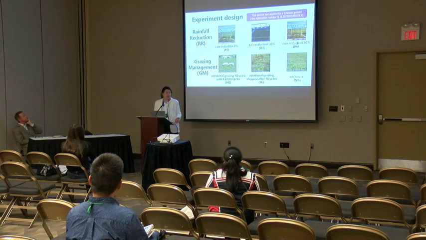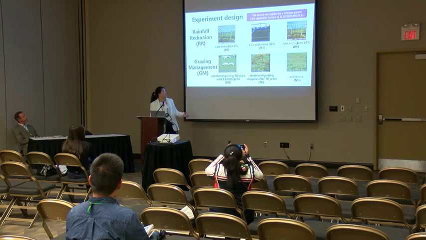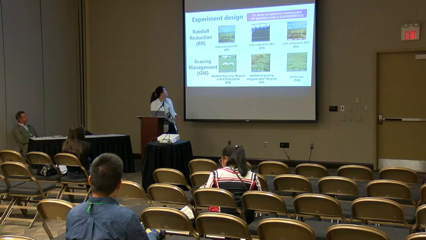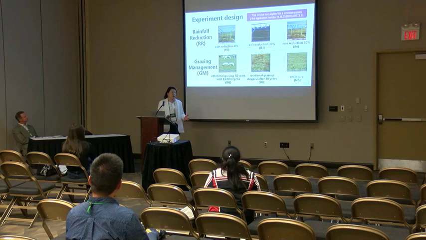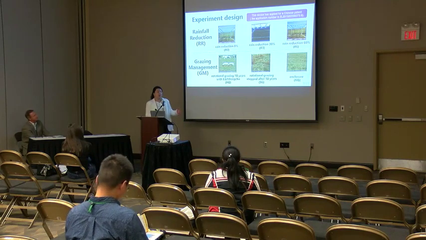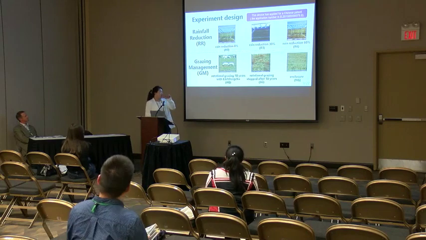In detail, we set three rainfall treatments: 0 for the control, rain reduction of 30%, and rain reduction of 60%. For grazing management, we have 23 years of rotational grazing with heavy grazing intensity, with a stocking rate of 8.6 sheep per hectare.